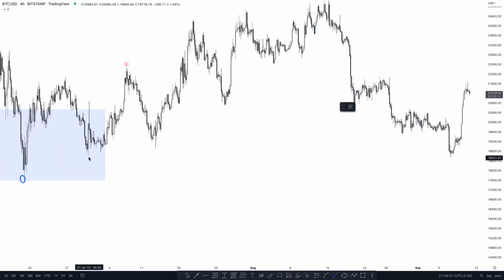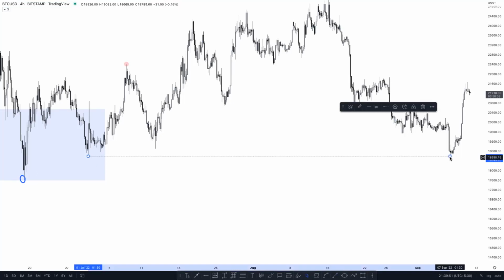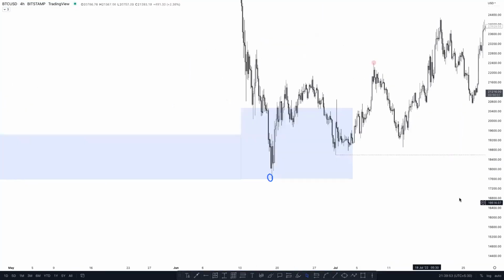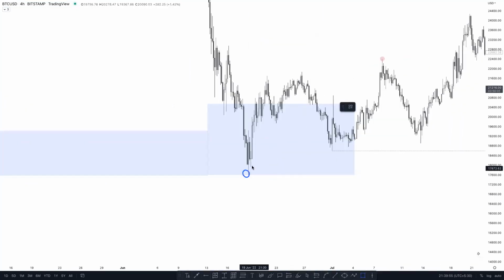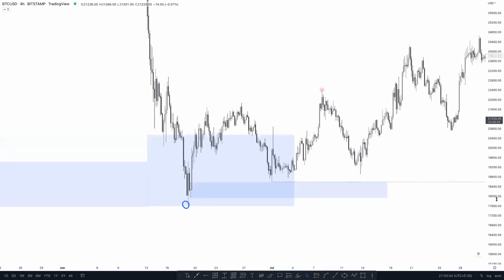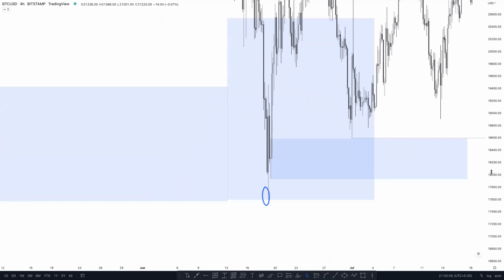Let's see. Looks interesting. I don't know if this order block is mitigated or not. I think no. Very partially.